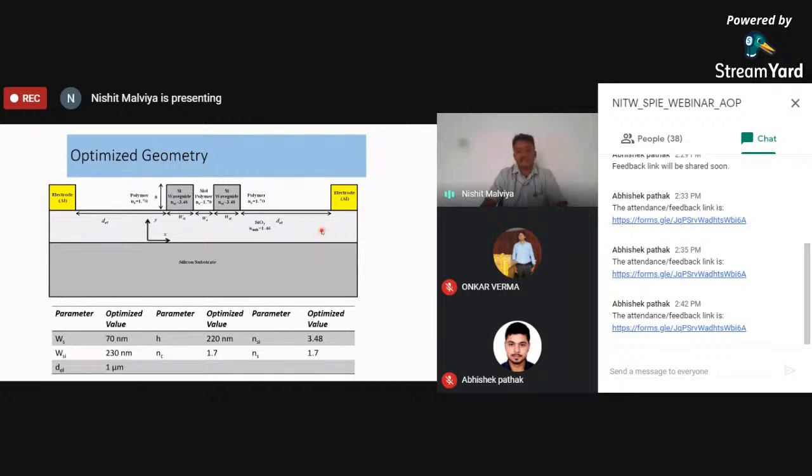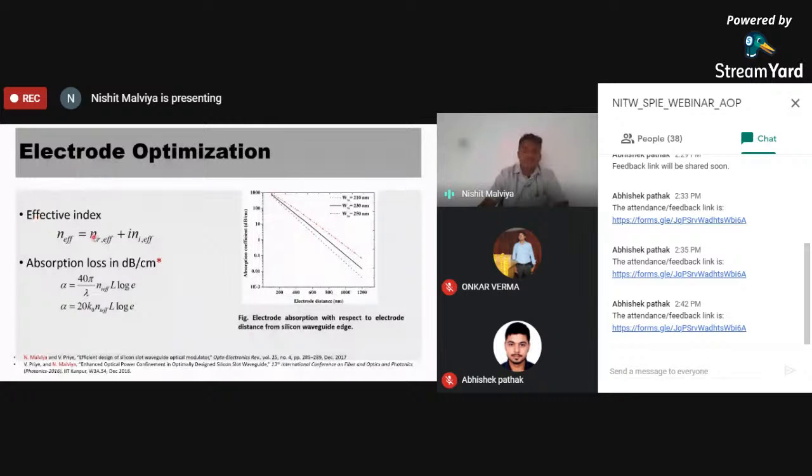These are the basic fundamental equations, like the effective index. In the effective index we find a real part, and in the imaginary part we can find the absorption loss of the slot optical waveguide. If a metal electrode is there, the metal has a very high imaginary index.